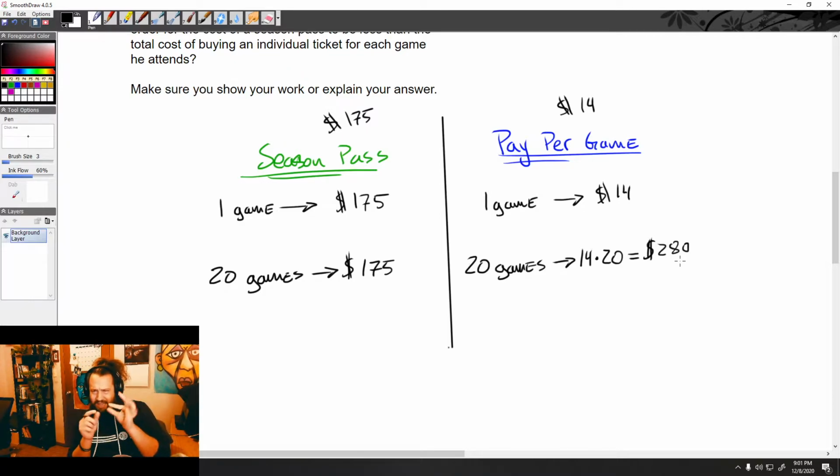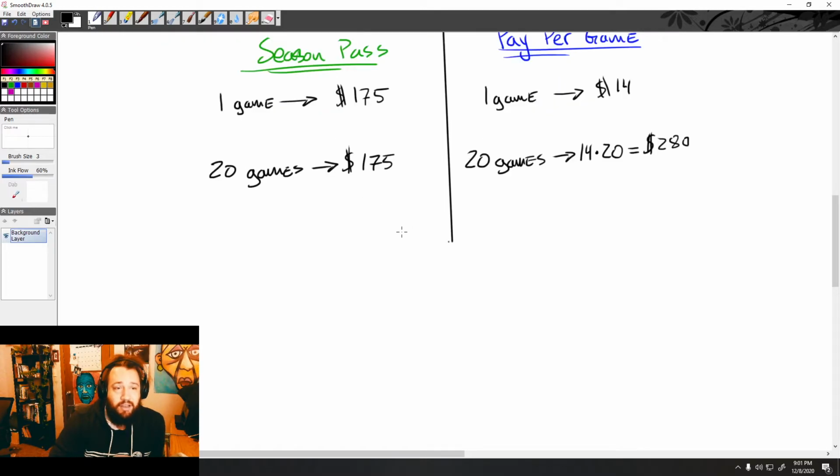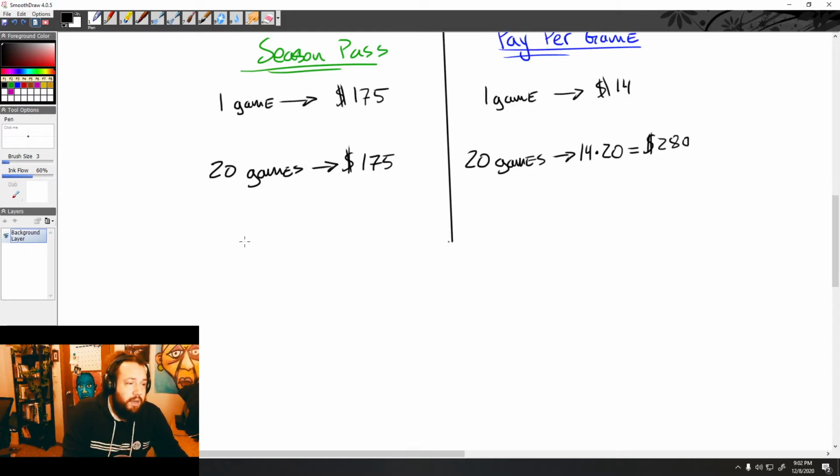But where is that flip point? Where is that flip point? I think what we're going to want to do is basically see how many games I can go for this $175. Here's my equation for my pay per game. Over here, my cost equals 175, period.